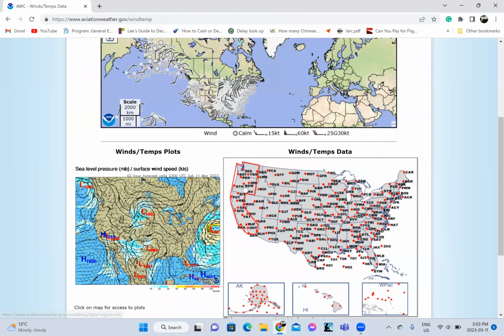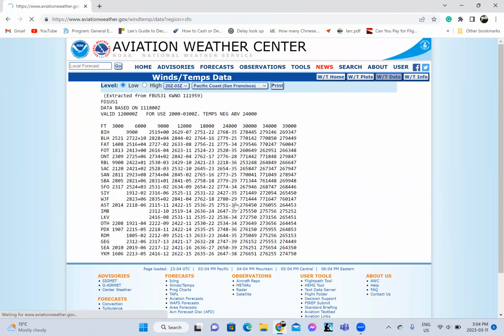You have to know which region you're in for flying. So let's say we're in the San Francisco area. We'll click here, and it'll give you all the winds. We're just going to go through some of the key numbers.